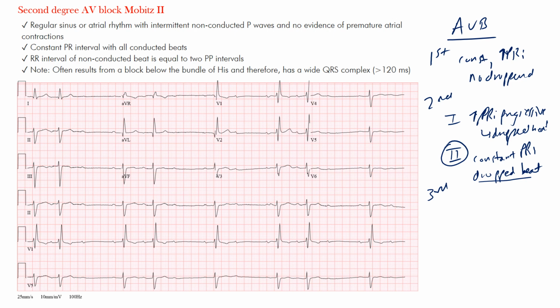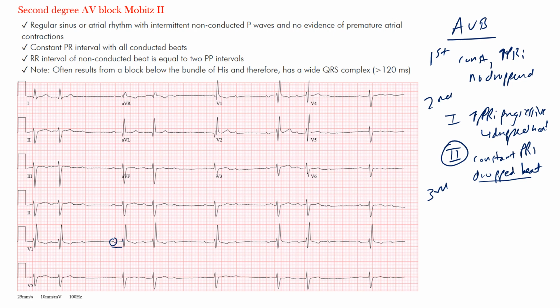In this case, you have intermittent dropped QRS complexes and non-conducted P waves without a prior PR interval lengthening, as we saw in type 1 of the second degree AV blocks. So normal, constant PR interval when it's conducted. If you look at this EKG, you'll see this P wave.